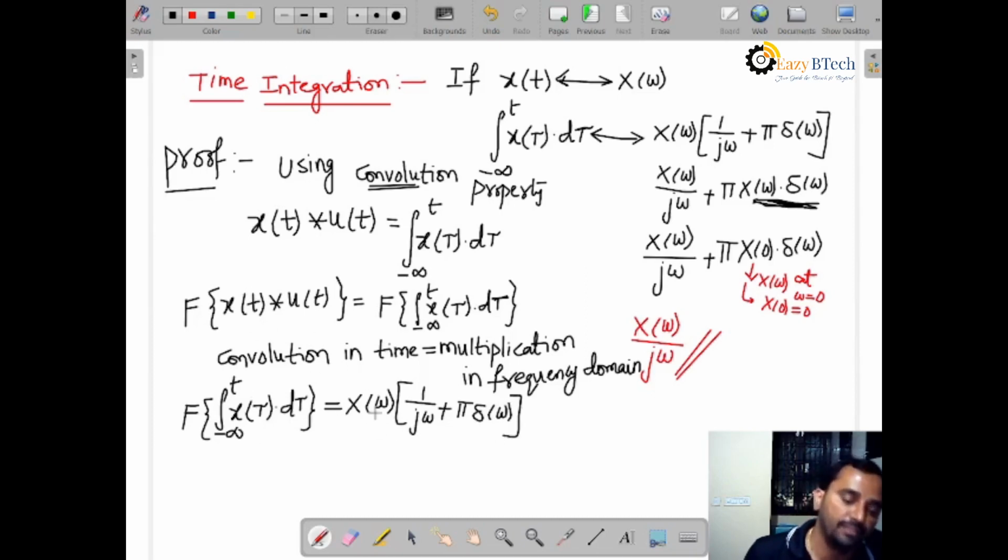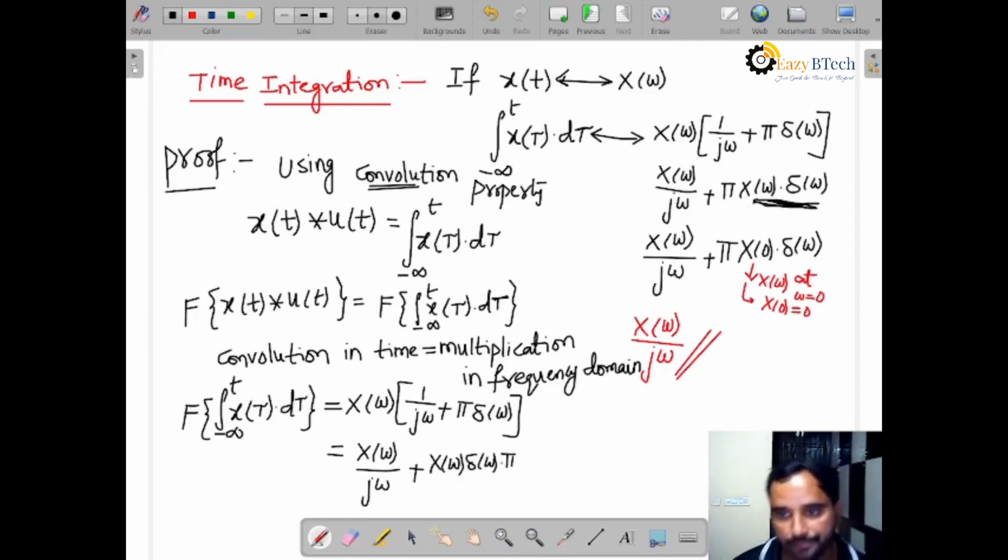Right or not? Both are multiplied; that is the convolution property. If you send X of omega inside, then we have the answer: X of omega by j omega plus X of omega into del of omega into pi.